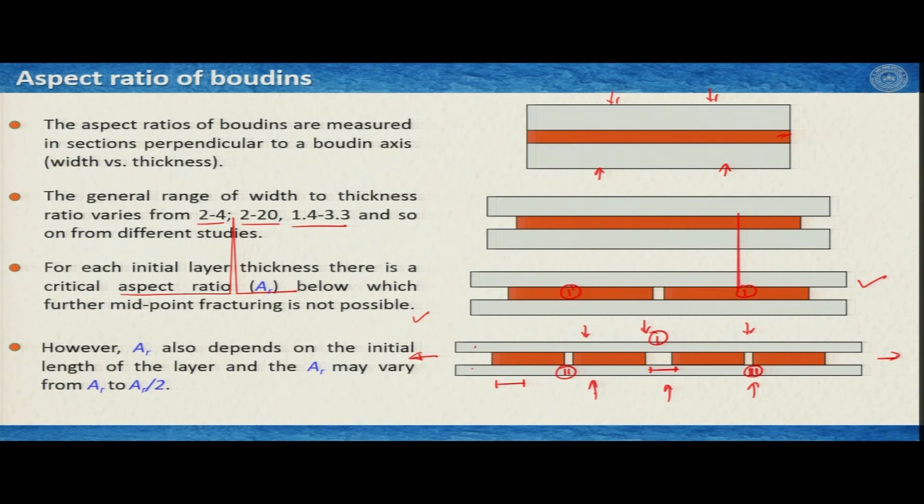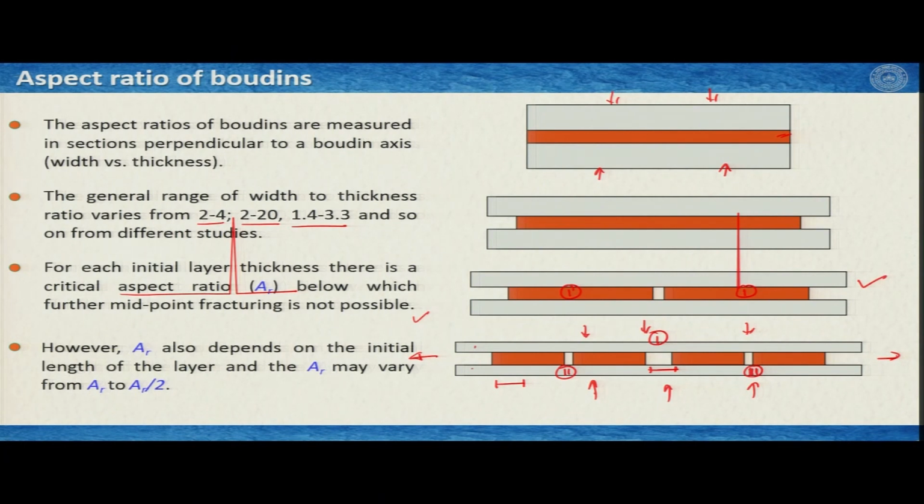Now, you can think that if we start from a layer segment of aspect ratio 20, where the critical aspect ratio for that particular layer is 2, then by successive midpoint fracturing you can arrive at a value of 2.5. This is simple arithmetic. Since this is larger than your critical aspect ratio, or AR, the segment will suffer further extension fracture to yield stable boudins with aspect ratio, in that case, 1.25.